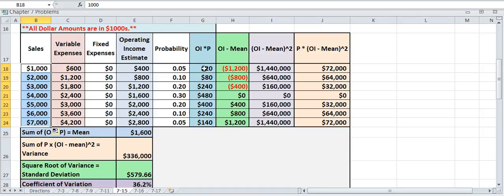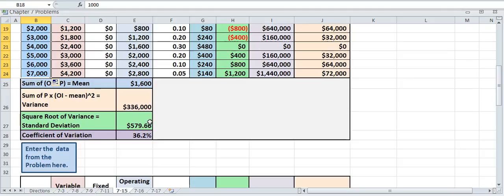So the ratio here is 1 to 2, 1 to 2, 1 to 3, 1 to 3, 1 to 4, 1 to 4. When you just increase every probable sales figure by a percentage, it doesn't change the ratios. In other words, you have the same percentage changes as you go up. So that's not going to change anything.